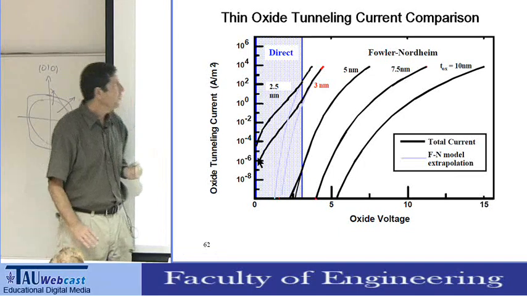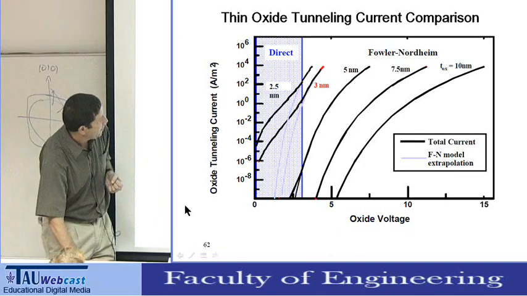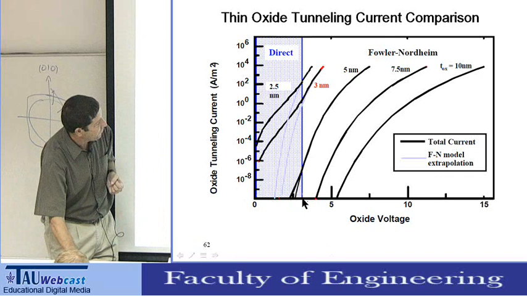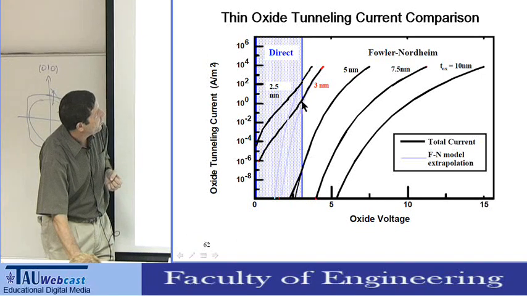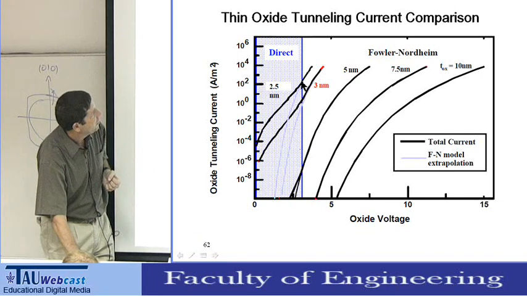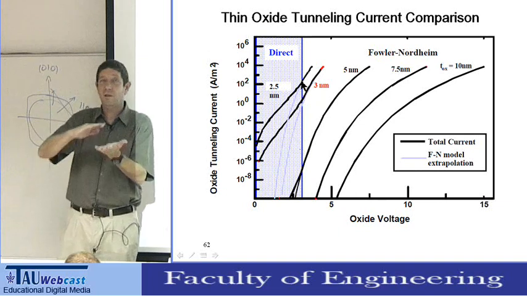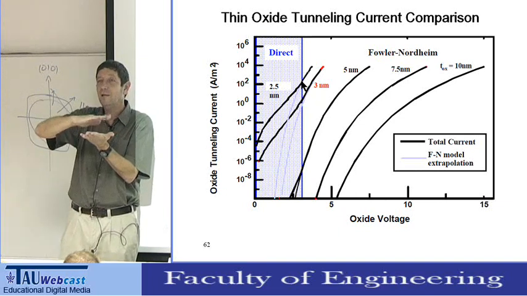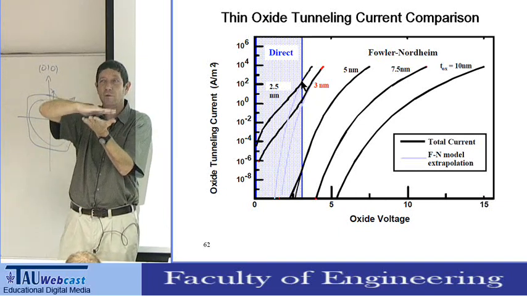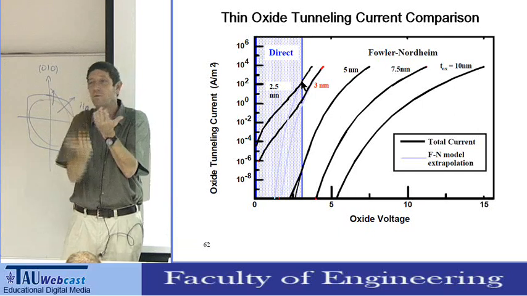So below a gate voltage of about 3 volts, and below a thickness of 3 nanometer, you start to have direct tunneling between the top plate and the bottom plate. Electrons are just tunneling through the oxide.